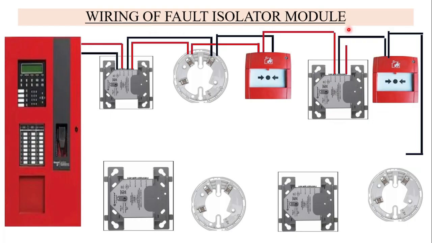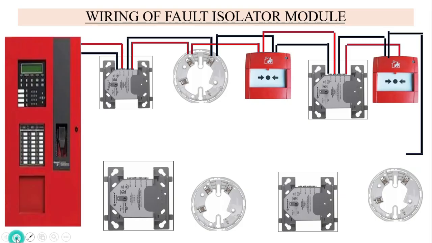So minimum every 20 devices. Here a smoke detector, control module, again a smoke detector, so up to 20. Then we have to install this isolator module in one loop. That's why I have installed it over here.